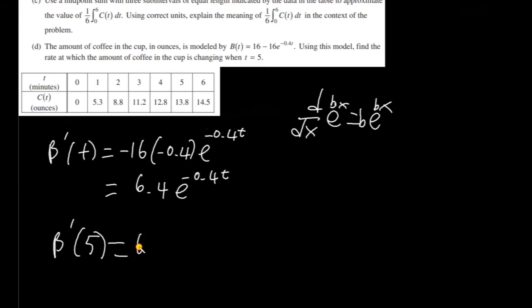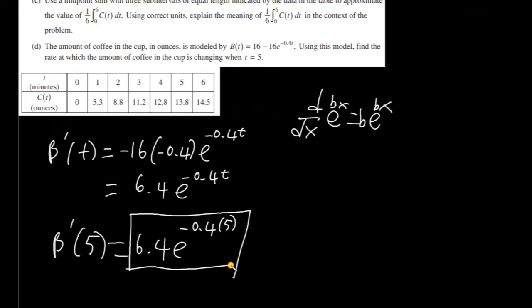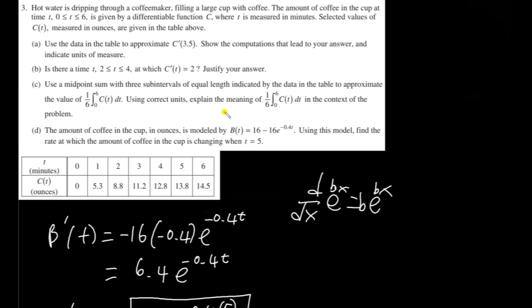Well, it's going to be 6.4 e to the negative 0.4 times 5. You don't really have to simplify further than that. That's plenty simplified. This was 2 points. 1 point for figuring out B prime of t, and 1 point for figuring out B prime of 5. That concludes question number 3.